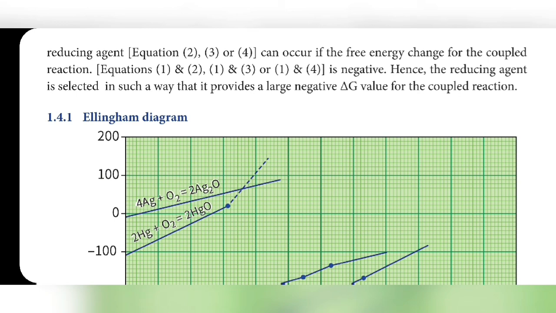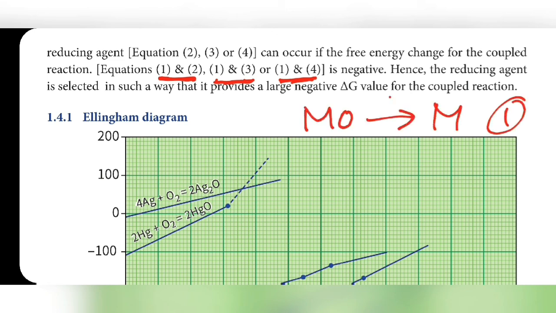That means equation 1 and 2, equation 1 and 3, and equation 1 and 4. Equation 1 is common to all these 3 sets, because 1 is the reaction in which metal oxide is converted into metal.